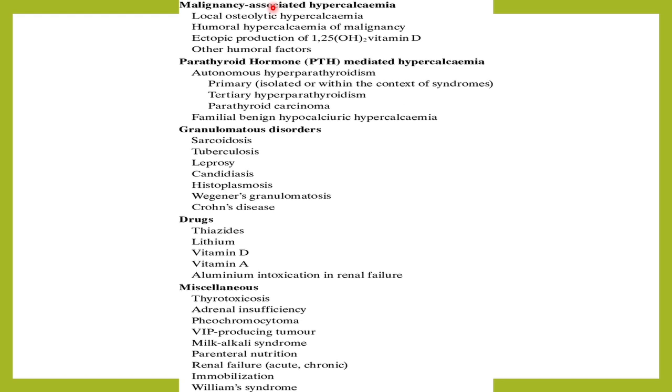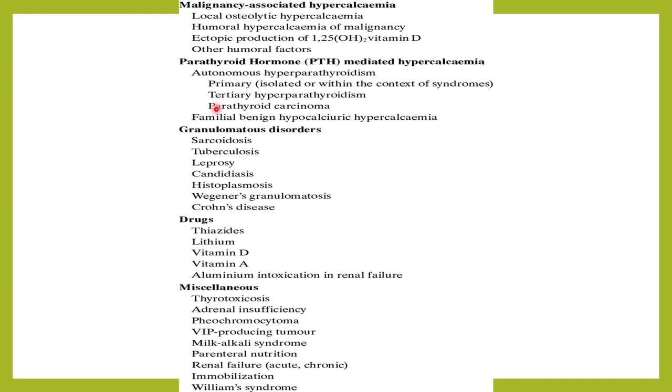These were the various causes of hypercalcemia. Malignancy-associated, certain tumors like renal tumor, breast cancer, multiple myeloma, etc. They are associated with increased calcium levels, could be because of the parathormone-related proteins which they secrete. They have the capacity to increase the level of calcium in the serum.